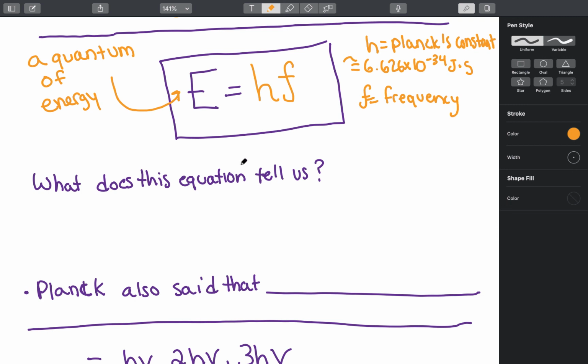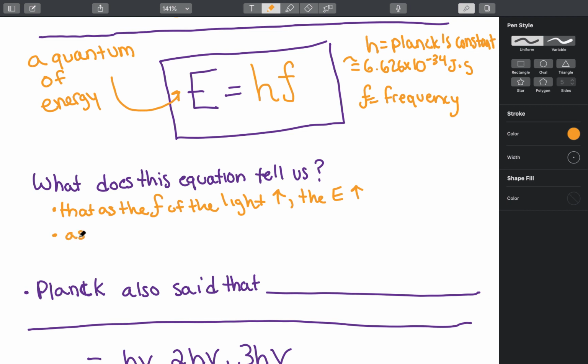Well, it tells us two things. The first thing is that as the frequency of the light increases, the energy increases as well.